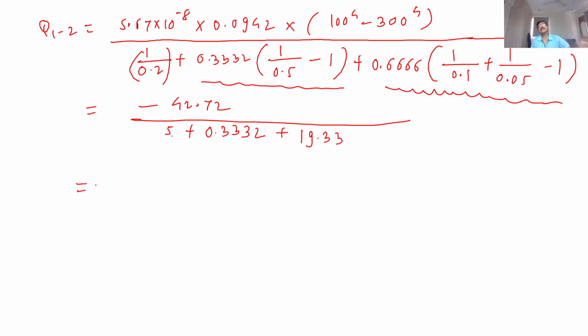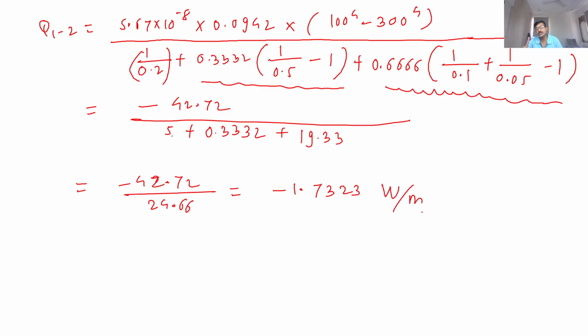Why am I doing it separately? There may be a mistake on the calculator when you try to solve a bigger expression in a single step. Add this and you get minus 42.72 divided by 24.66, so it comes around minus 1.7323 watt per meter, because length is assumed as 1 meter.